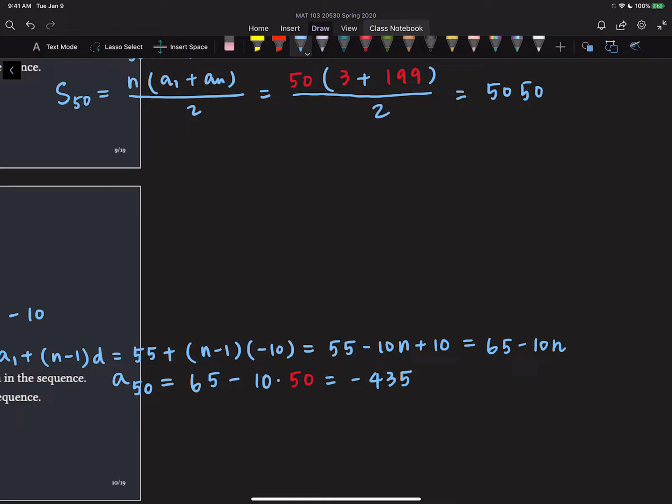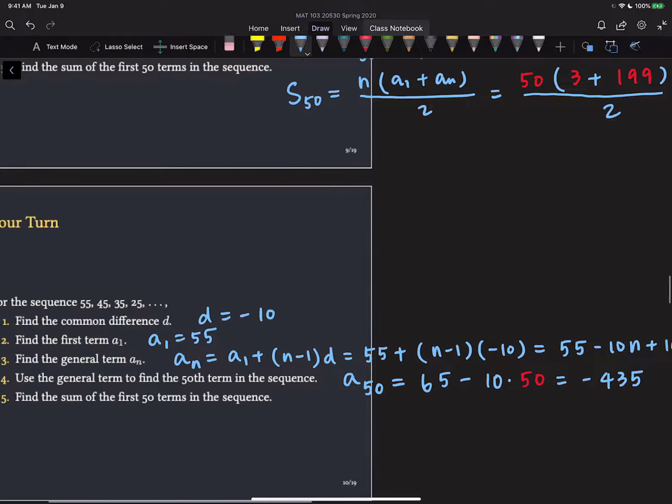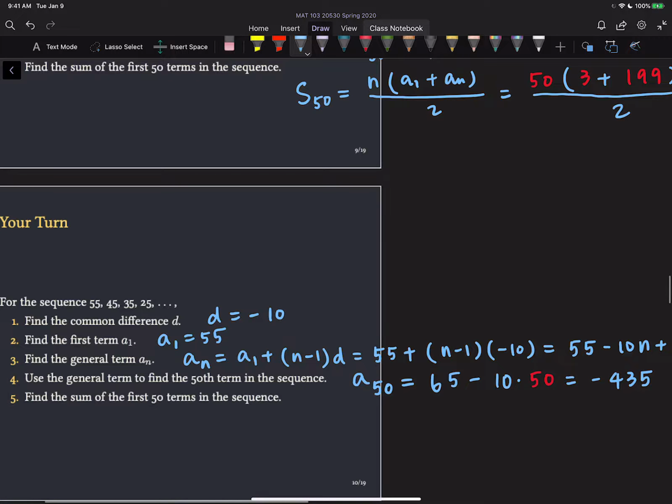As you can see, the numbers are decreasing, so you're expecting to get something negative for the 50th term. Number 5, find the sum of the first 50 terms in the sequence. Very similar to before, we're going to apply the formula, which says it's 50 times a1 plus a50, divided by 2.